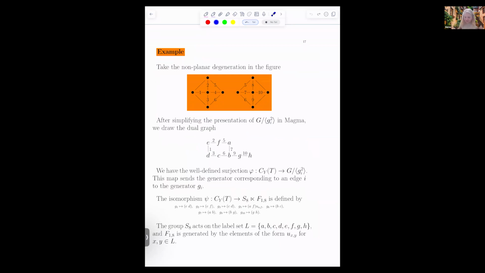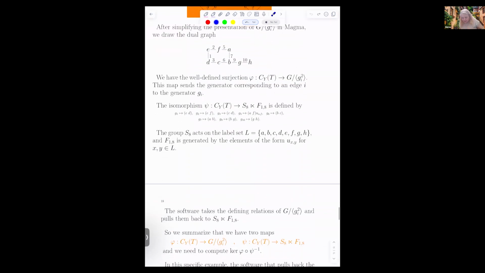What we do is that after we simplify our quotient in Magma and we get a dual graph, we can define our correspondence to CYT, but we know, according to that work with Lawrence and Vishna, that there is this isomorphism to the semi-direct product using this software.